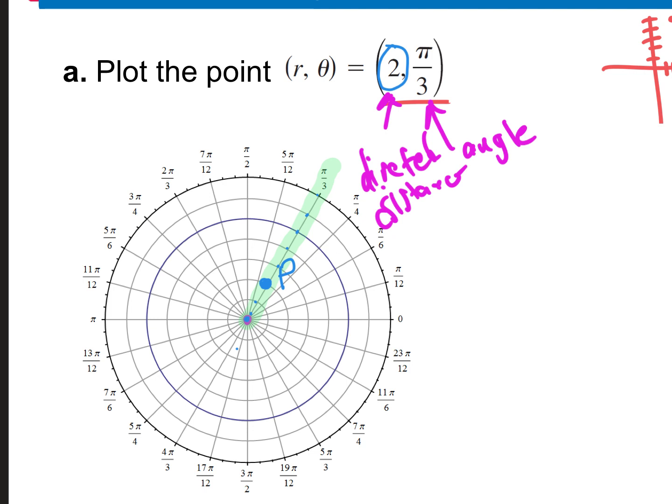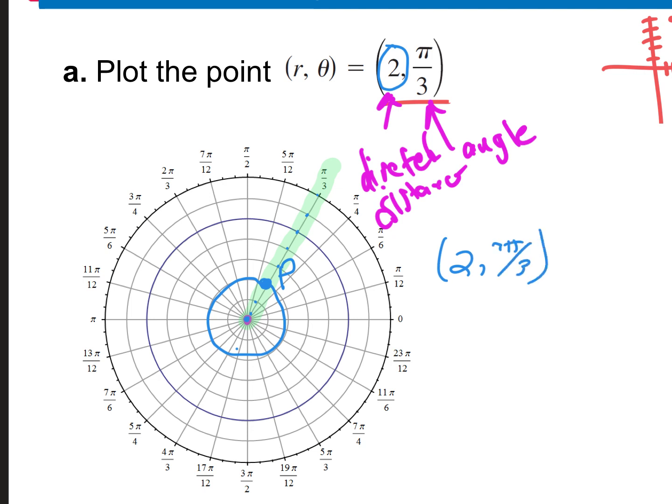So in a minute, we're going to talk about how we can find the same point in a different way. Well, think about it. If I want point P and I add one whole circle to it, do you guys agree? I'd end up right back here in the same spot, but we'd be at 2 comma 7 pi over 3.